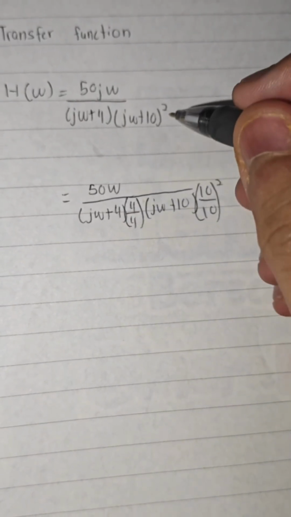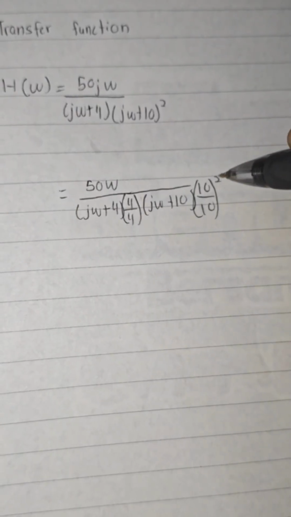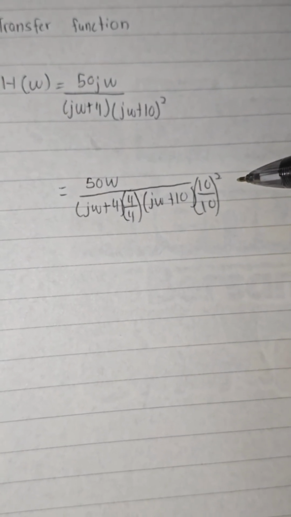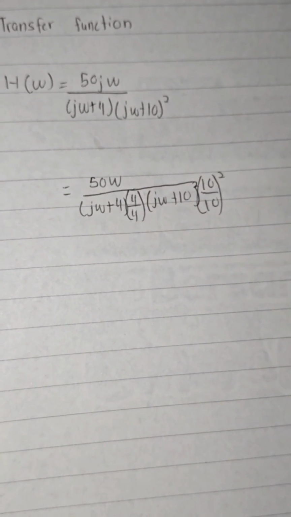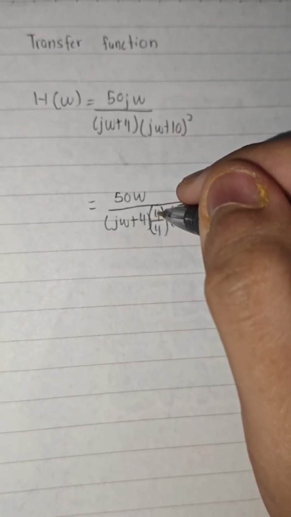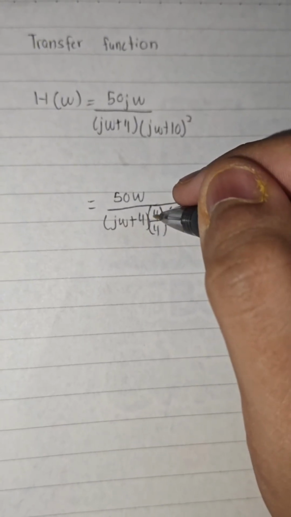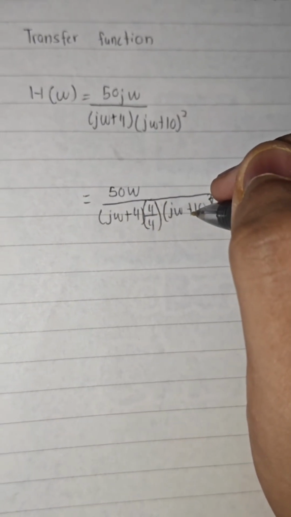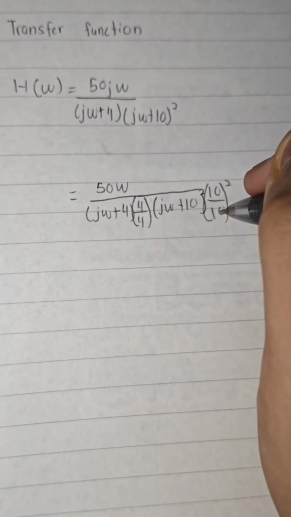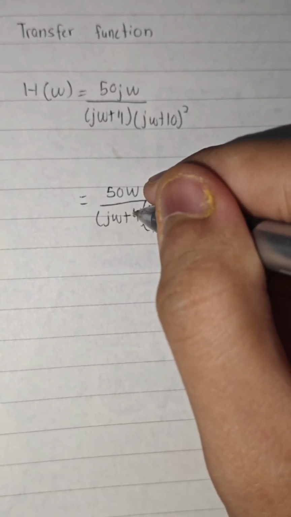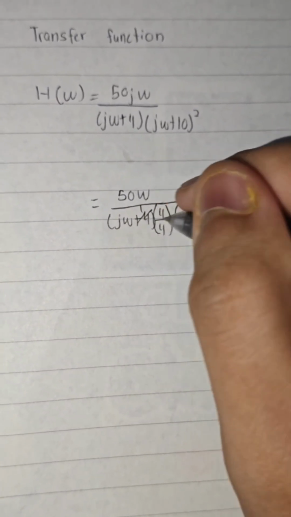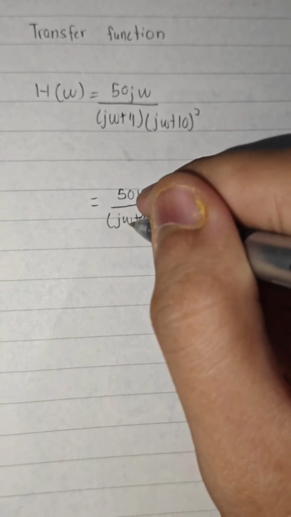The reason for the power of 2 is that this term is raised to the power of 2. So if we need to divide this term, we also need to change the fraction to the power of 2. Now we divide each term: j omega plus 4 by 4 over 4, and (j omega plus 10) to the power of 2 by (10 over 10) to the power of 2. After dividing, the 4 becomes 1 and j omega goes over 4.